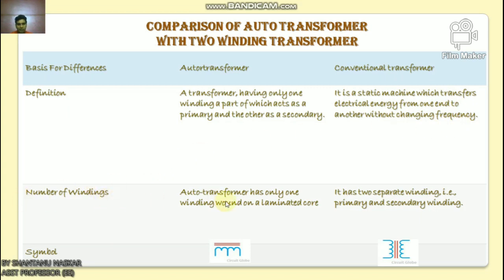Number of windings: an auto transformer has only one winding wound on a laminated core, and a conventional transformer has two separate windings, primary and secondary. This is the symbol of an auto transformer, this is also a symbol, and this is the symbol of a conventional transformer, which we all know.